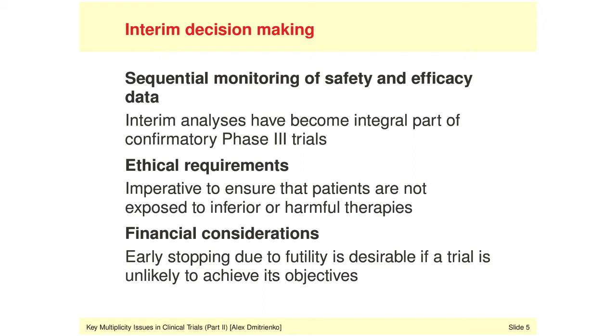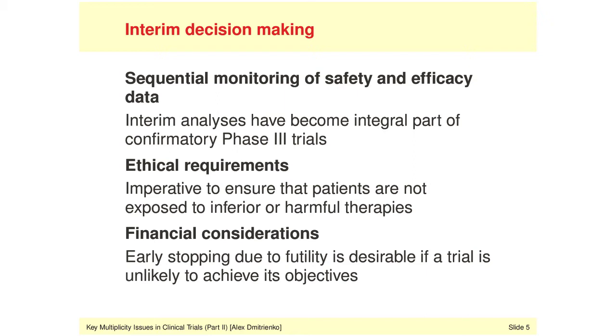This immediately implies that a clinical trial must be stopped as soon as the experimental treatment is found to cause serious side effects. And in addition to this, if the treatment demonstrates superior efficacy compared to the control at an interim analysis, it will be unethical to continue the trial, and the trial will be stopped at that point with a positive result.